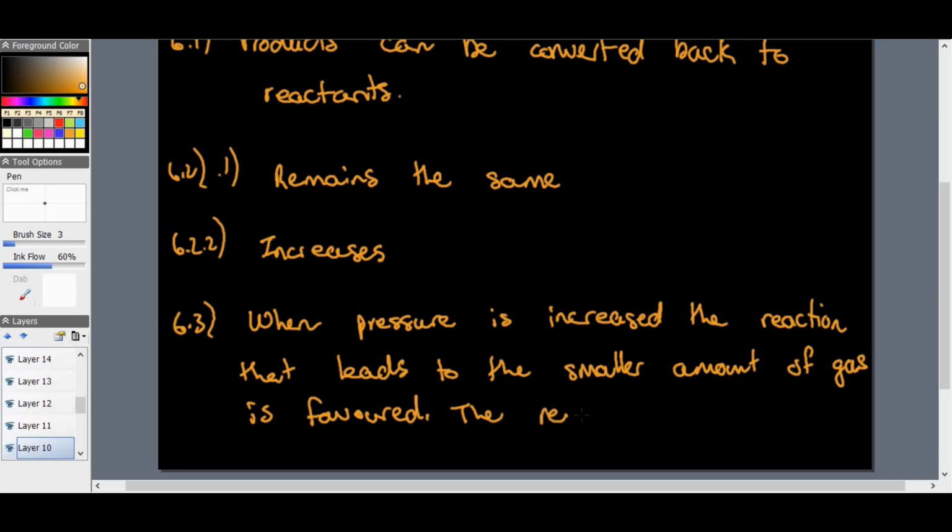So the reverse reaction is favored. So when pressure increases, the reaction that leads to the smaller amount of gas, or the side with fewer molecules, or smaller number of moles, that reaction would be favored. So the reverse reaction is favored in this case.